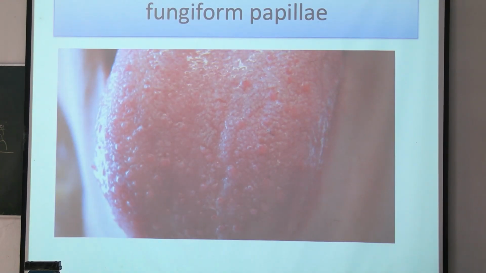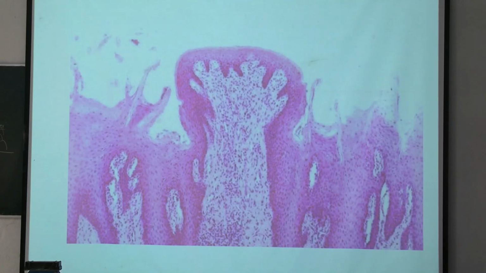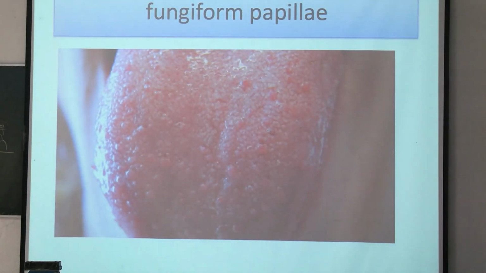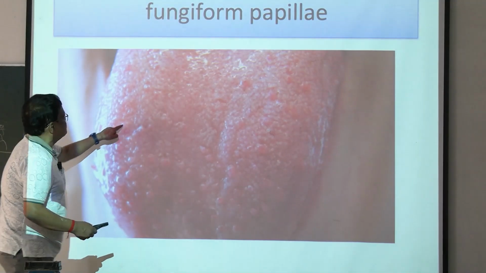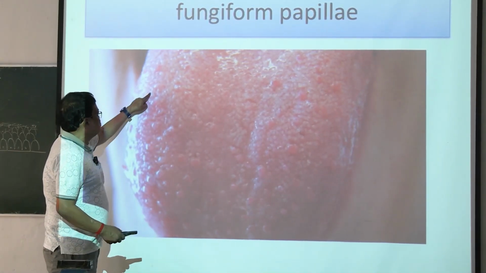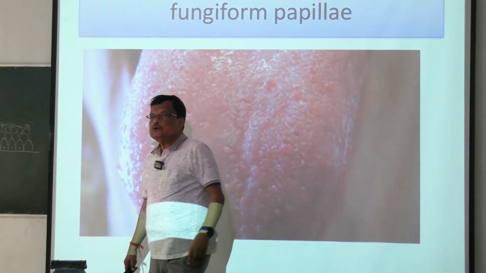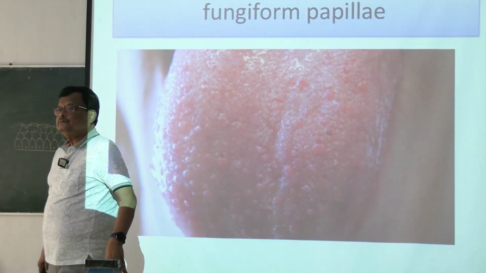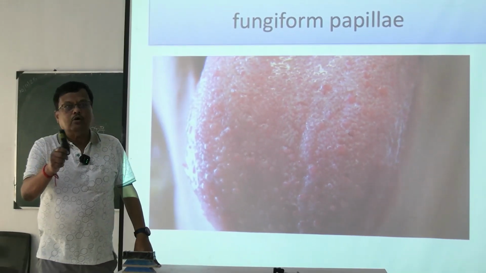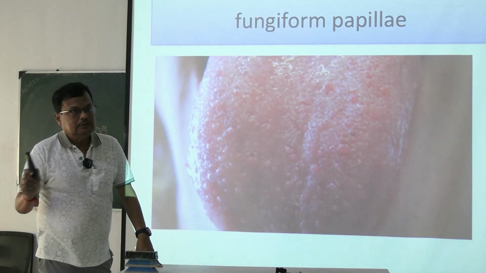On the lateral side, close to the lateral border on the dorsal surface of the tongue, there is a surface elevation close to the lateral border. These are called fungiform papillae. They contain taste buds.